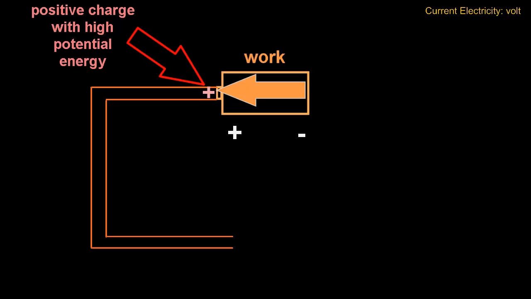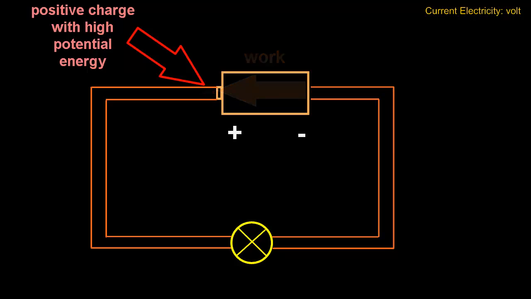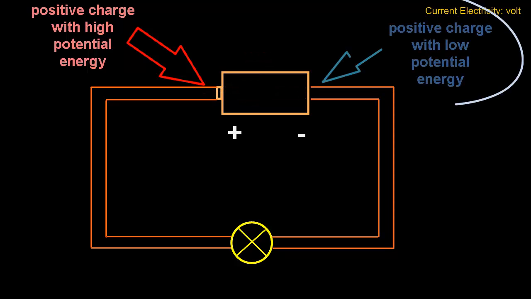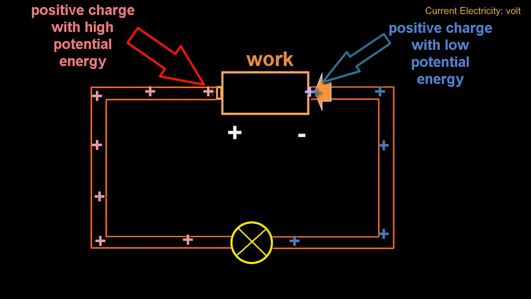Here we build a circuit with copper wire, a lamp, and more copper wire. The battery does work on the positive charge with low potential energy and moves it from the negative terminal to the positive terminal. This requires work.